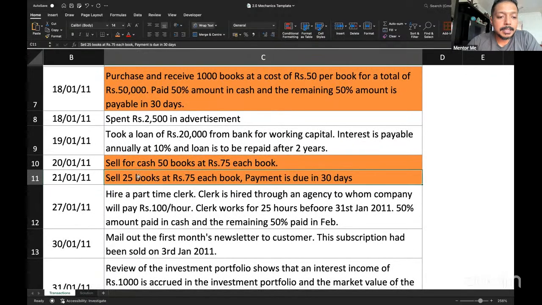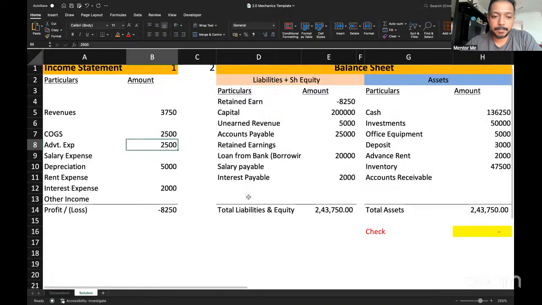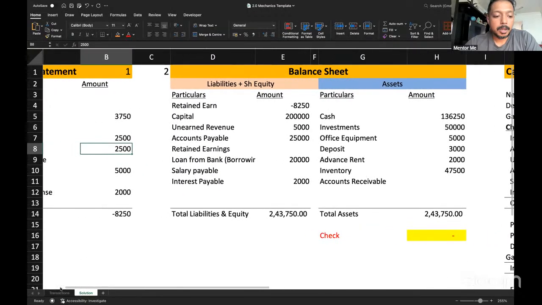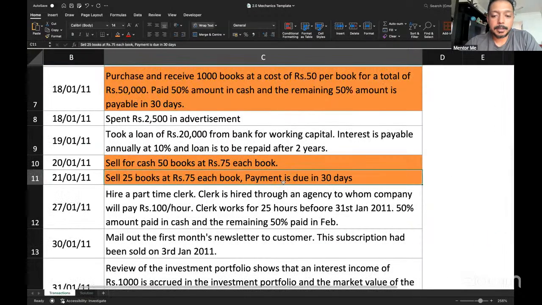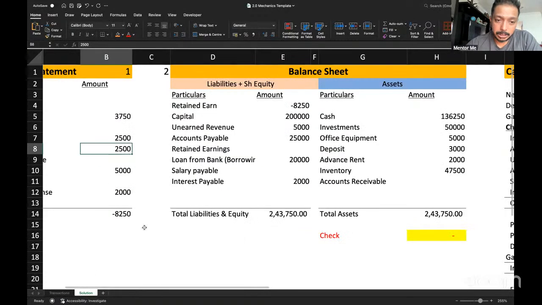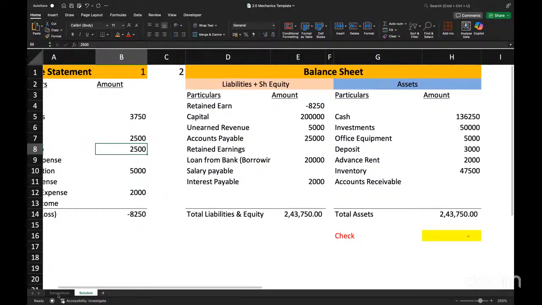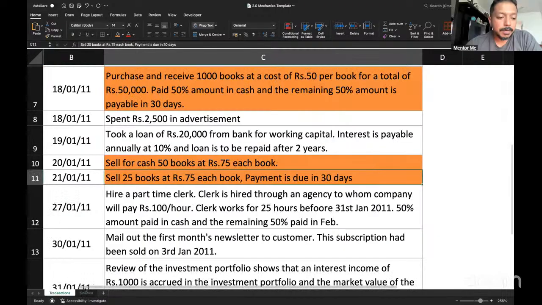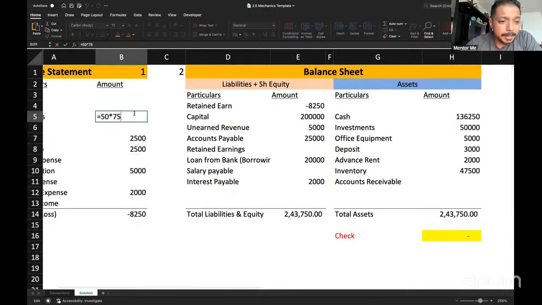Now the last part, sell 25 books. The rest of the books which we are selling is 25 books at 75. So again, please look at first, the payment is due. That means we are not receiving cash. Okay. So 25 into 75 is the revenue. Revenue I can recognize, remember? Risk is transferred.